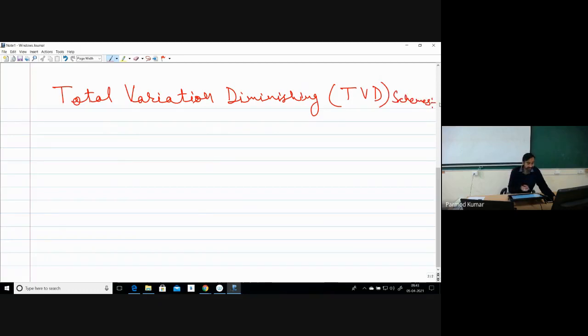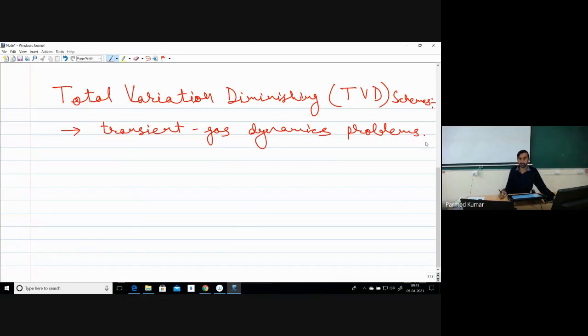If we talk about the origin of the TVD schemes, initially these were designed for transient gas dynamics problems, that is, problems involving transient compressible flow situations. But later on, by looking into their usability, they have become a general tool for CFD problems.